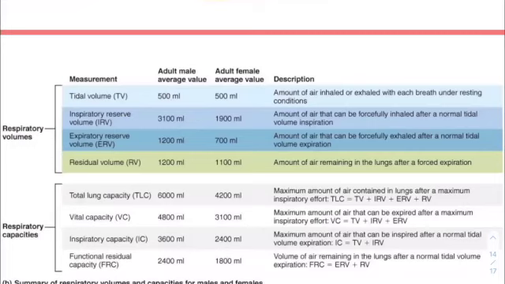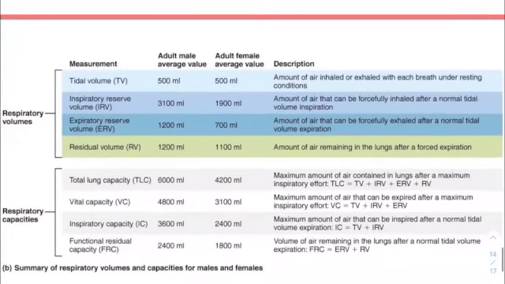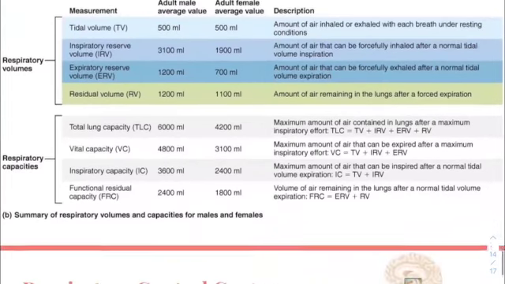Inspiratory capacity is the maximum amount of air that you can breathe in. Functional residual capacity is the amount of air remaining in the lungs after a normal tidal volume expiration. So one of those groups is respiratory volumes, the other is respiratory capacities.